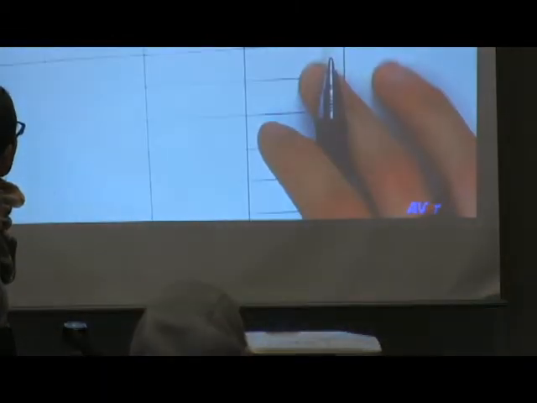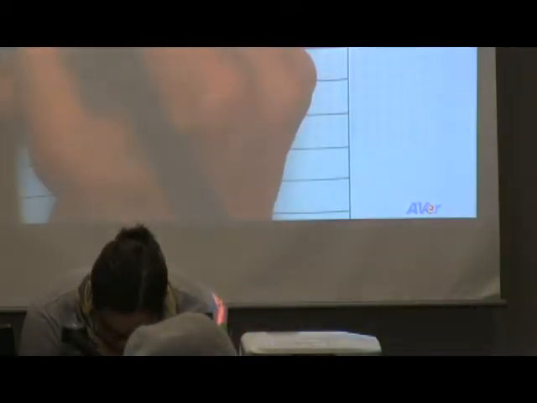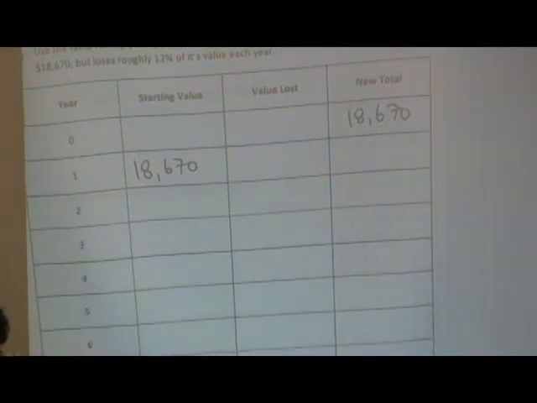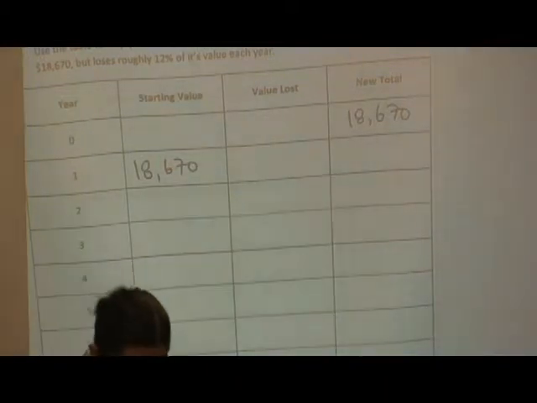After year one, the starting value is $18,670. What's 12% of that, and how would it get lost? You're losing that percentage. So calculate 12%, subtract it out, and repeat that process.